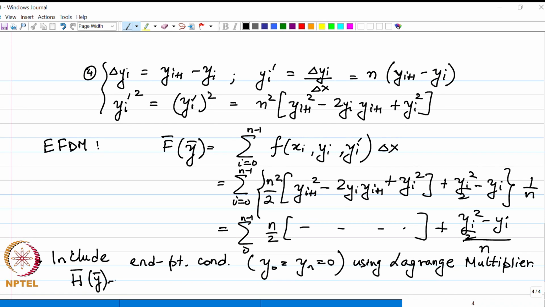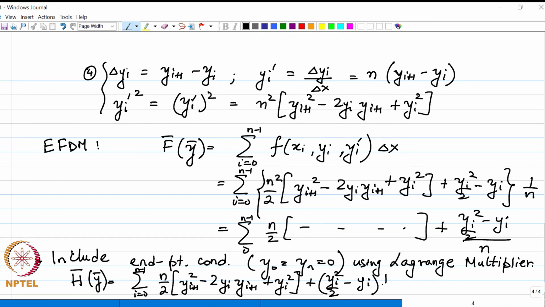My new vector function now is the original function f bar of y bar, which is the sum from i equals 0 to n minus 1 of n by 2 times yi plus 1 square minus 2 yi plus 1 yi plus yi square, plus yi square by 2 minus yi, divided by n, plus the additional conditions that we have included, y0 and yn, which we have included using these additional constants known as the Lagrange multipliers.